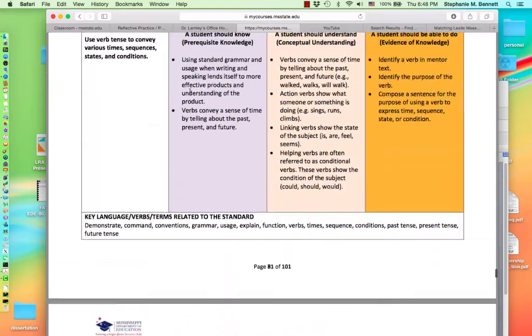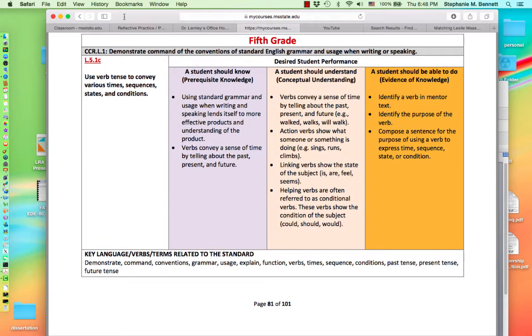So let's get to the speaking and listening, and then the language standards, the L standards. The language standards that you will be looking at in this class that you could use for your vocabulary plan deal with the acquisition of vocabulary.